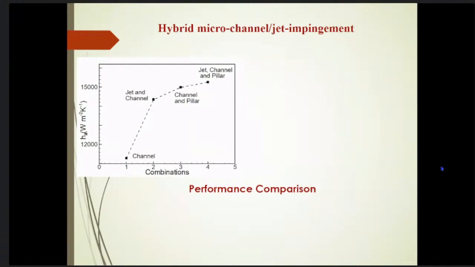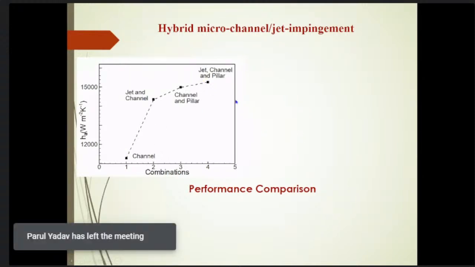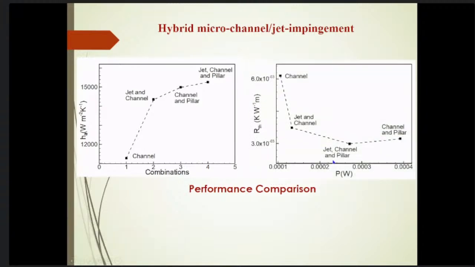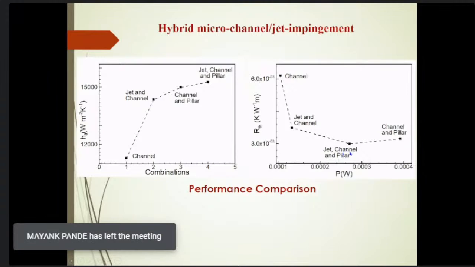We have seen the comparison of different combinations: it can be a simple parallel channel, a channel with some passive structures, a simple jet, or a jet with pillars. With all these combinations, the hybrid combination that includes the jet in microchannel with the pillar is giving us the minimum thermal resistance.